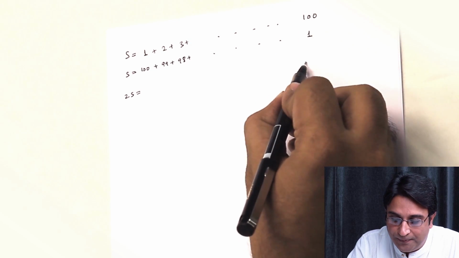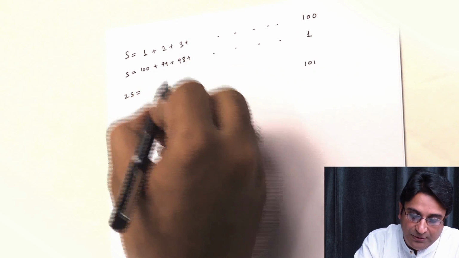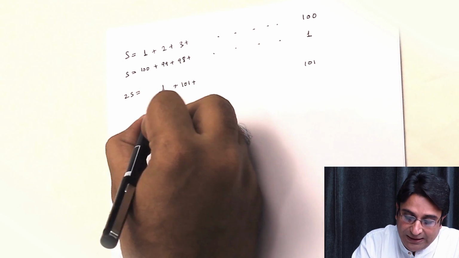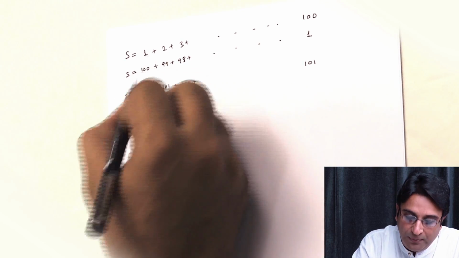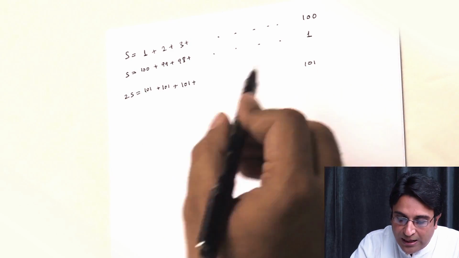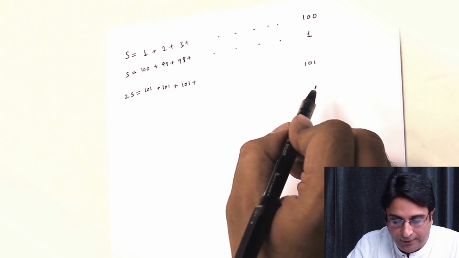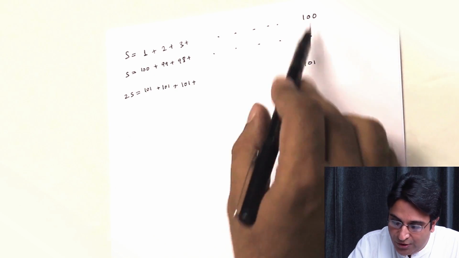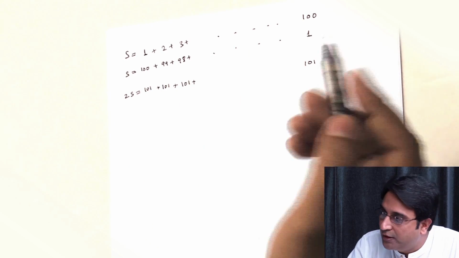100 plus 1 becomes 101. 3 plus 98 becomes 101. 2 plus 99 becomes 101. 1 plus 100 also becomes 101. So he saw that all these will add up to the same number, 101. And since there are 100 numbers here and 100 numbers here, all these answers are also 100 in number.